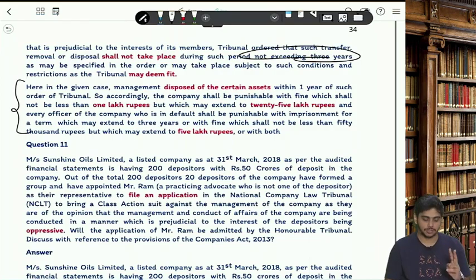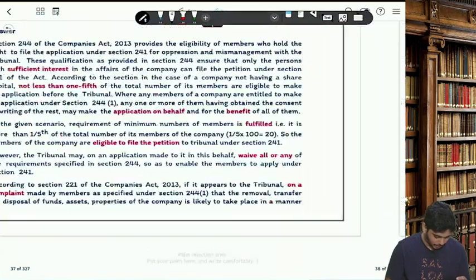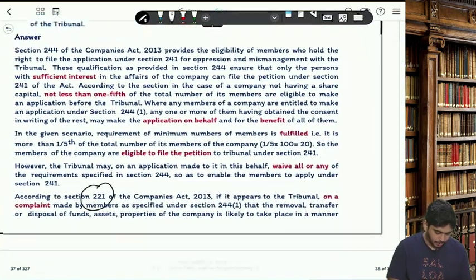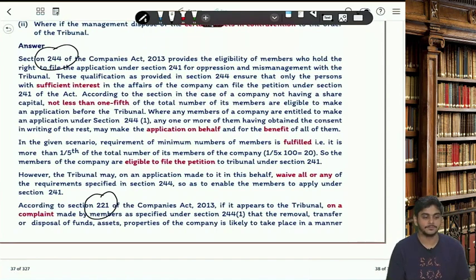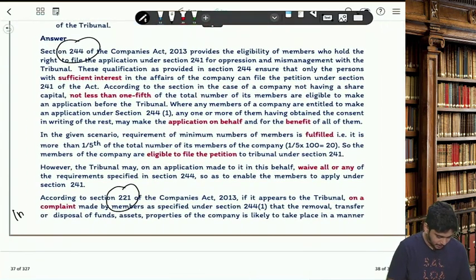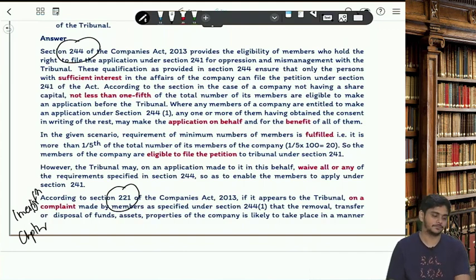So here there is a mix of sections 221, correct, 221 and 244. Okay? So you write here there investigation chapter. So this is a nice question, investigation chapter. Read the answer.